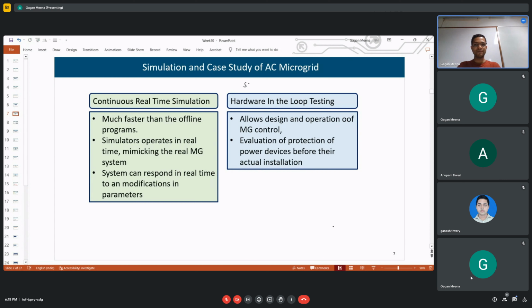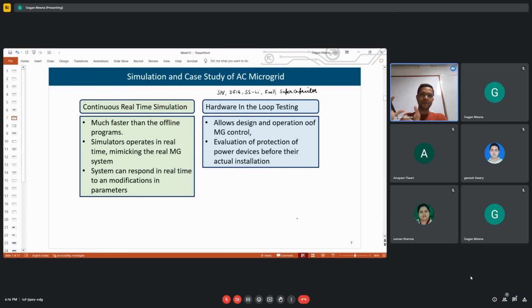We can have fuel cells, and we can have supercapacitors. So here in hardware in loop test, we will use them as actual hardware. We will have small PV systems, small fuel cells, small supercapacitors of small ratings, not the ones which are actually used in the system, because that will be very big.